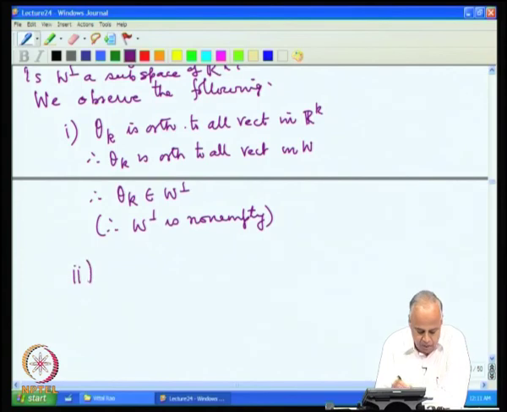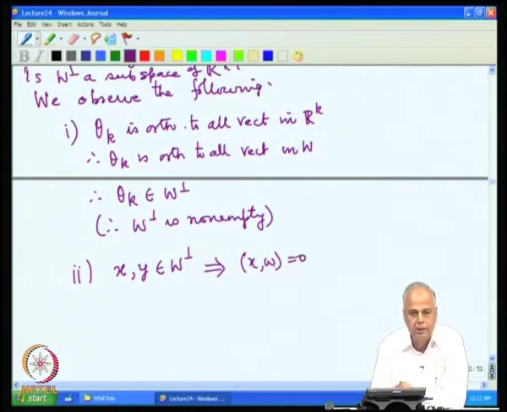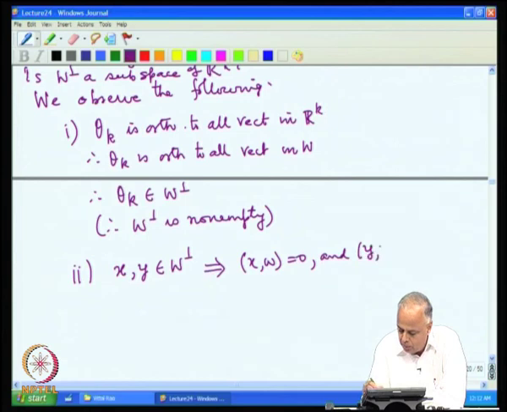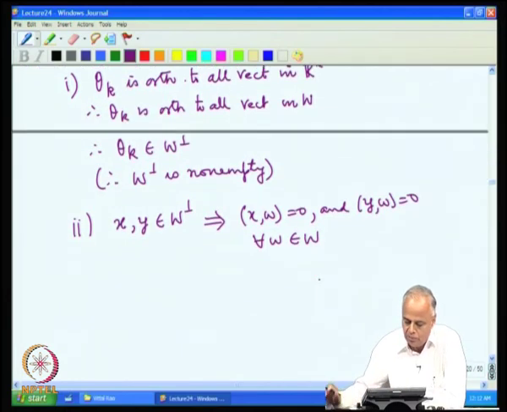Next, we have to check whether it is closed under addition. So, suppose x and y belong to W perp. What does that mean? x belongs to W perp means x is orthogonal to all the vectors in W, and y belongs to W perp means y is orthogonal to all the vectors in W. Therefore, the inner product of x with w is 0, and the inner product of y with w is equal to 0.